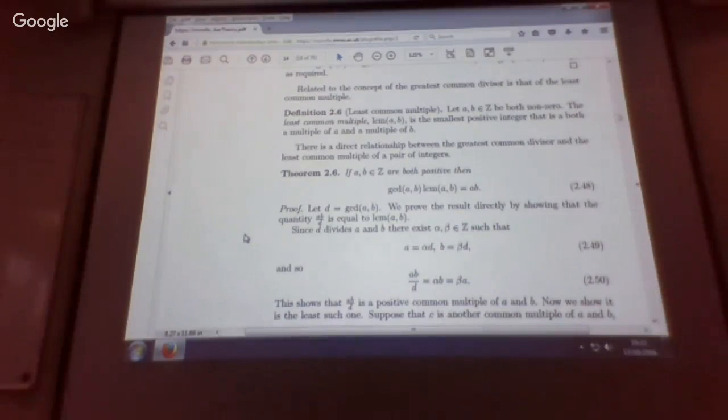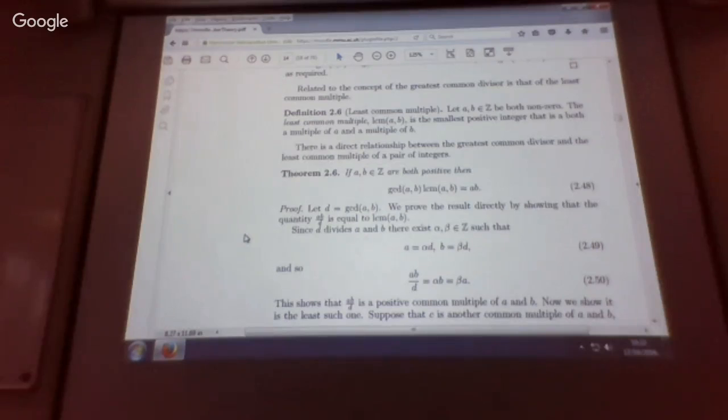So let's just throw down a few examples of this before we look at the theory of how it's related to the GCD. Okay, some really baby examples. The least common multiple of 2 and 3. It's the smallest integer that's both a multiple of those. 6.